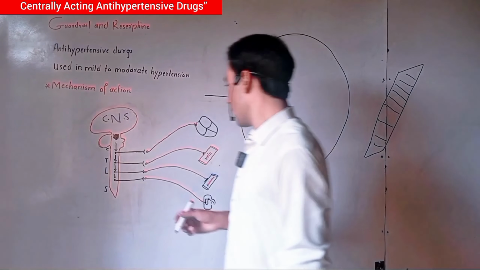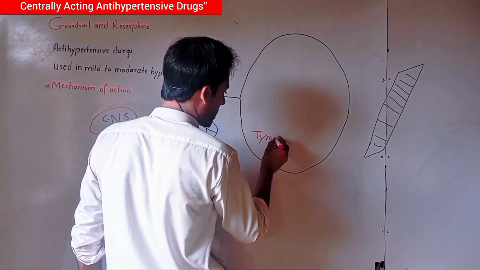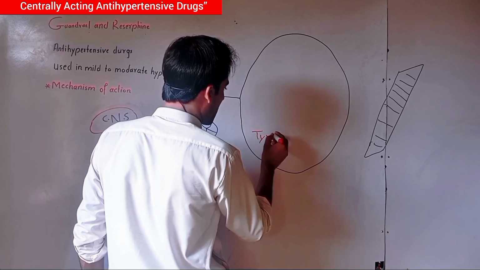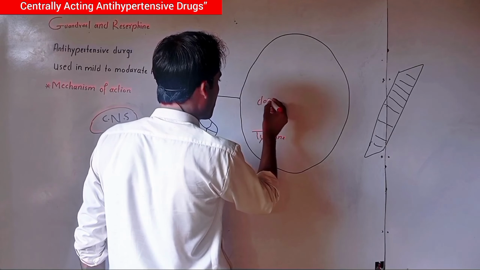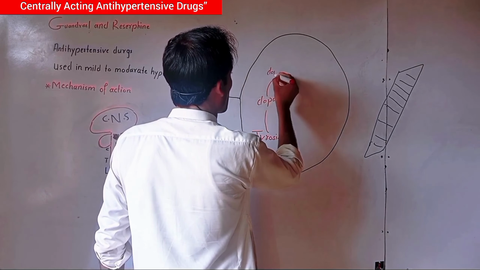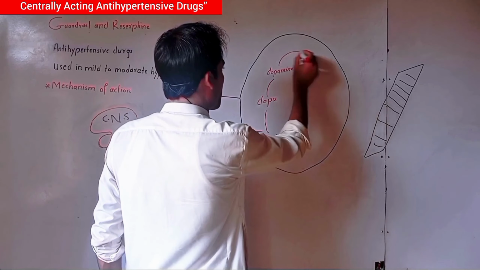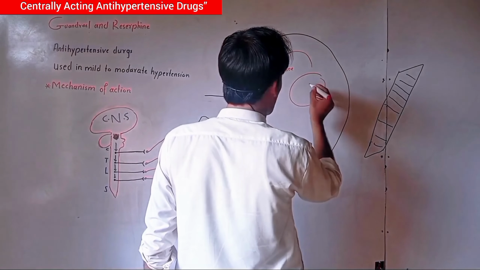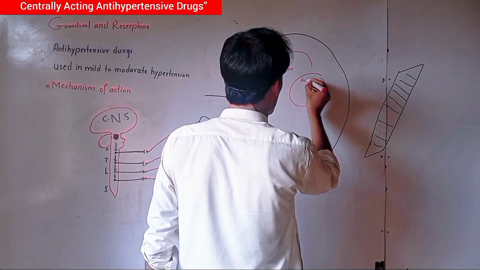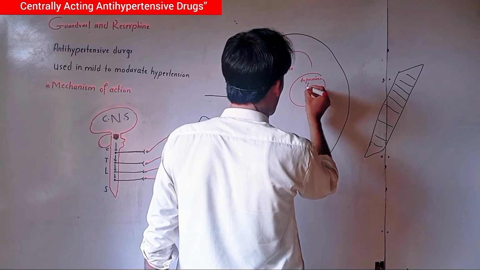You already know that tyrosine forms dopa, and dopa converts into dopamine, and dopamine enters the vesicle.